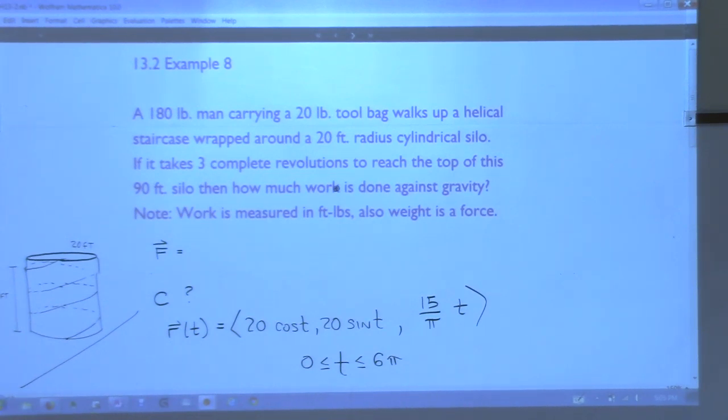Which one? And put it in where? This is like an hour and a half ago. No, what is this the formula for?